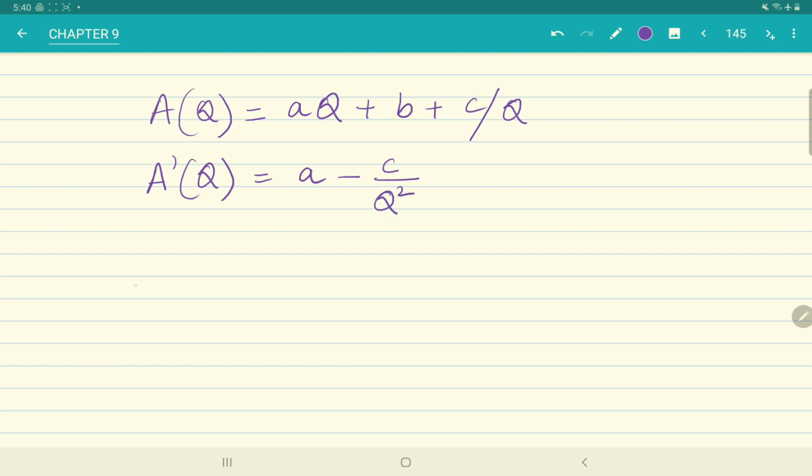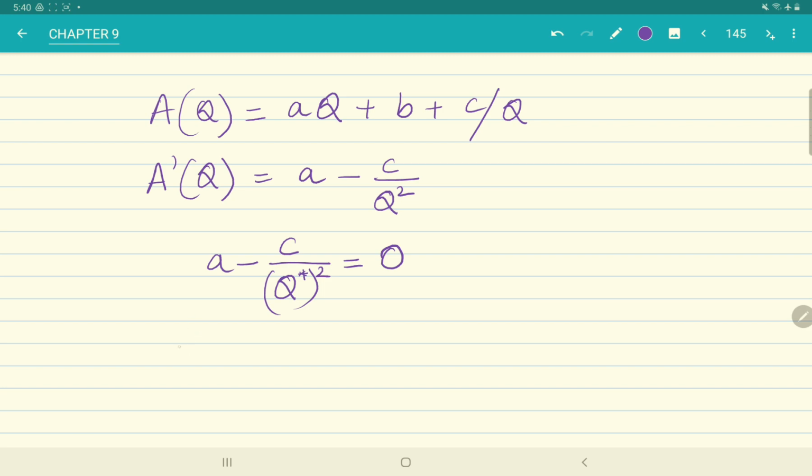If I set it equal to 0, I get the stationary point: a minus c upon q star squared is equal to 0.